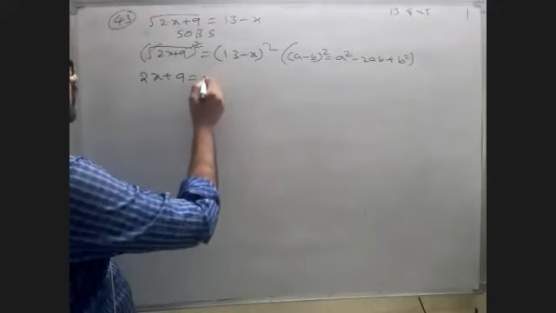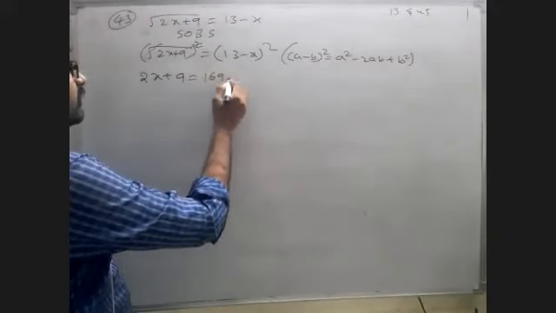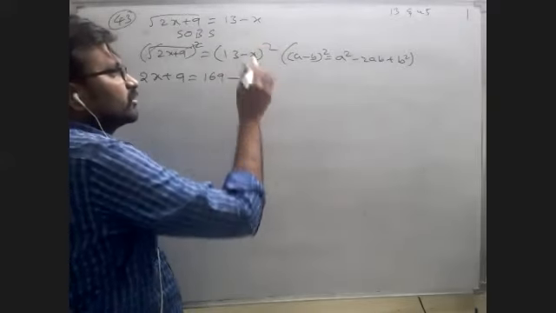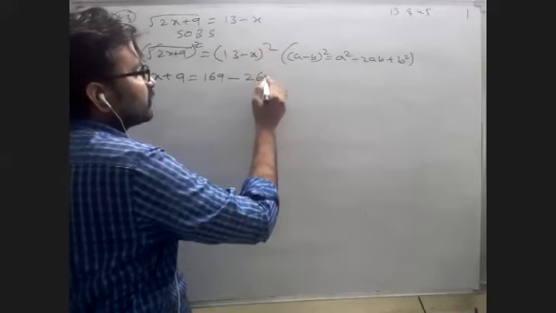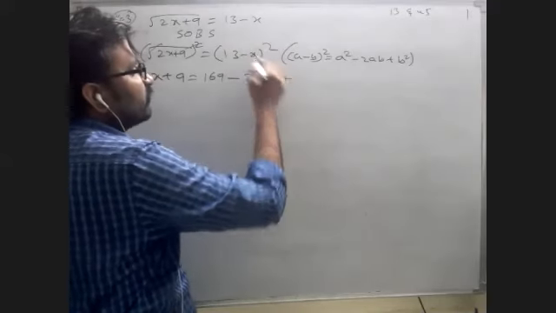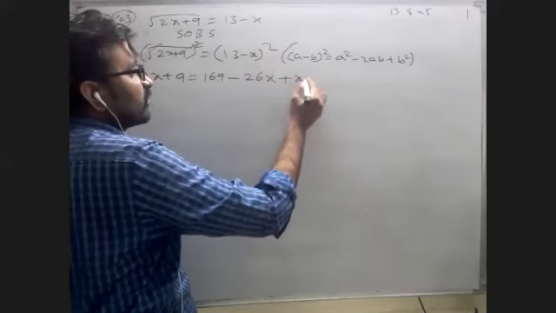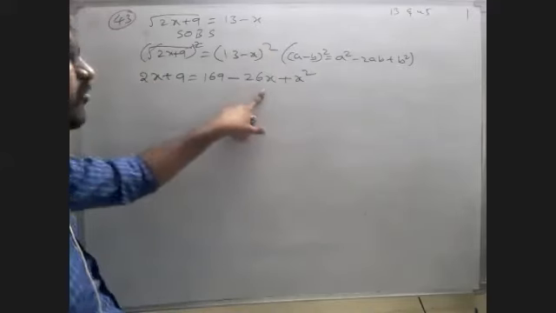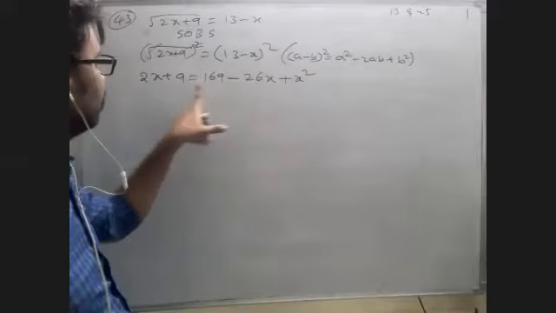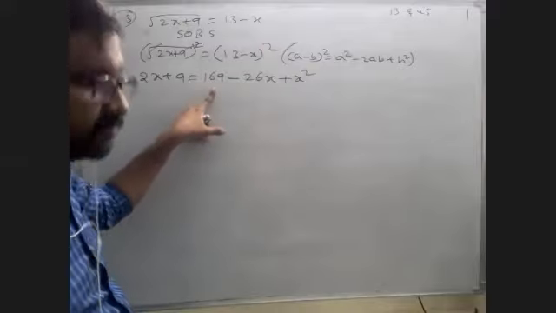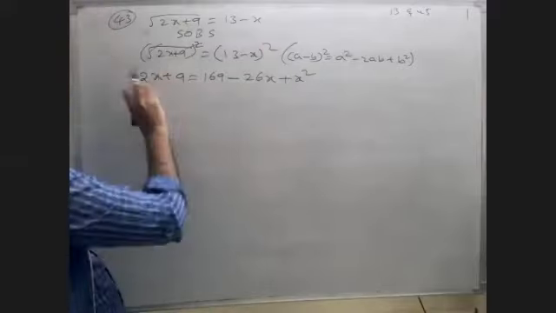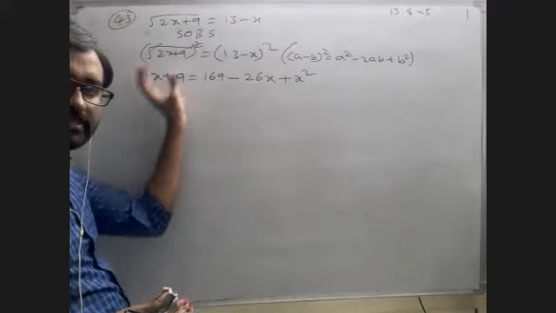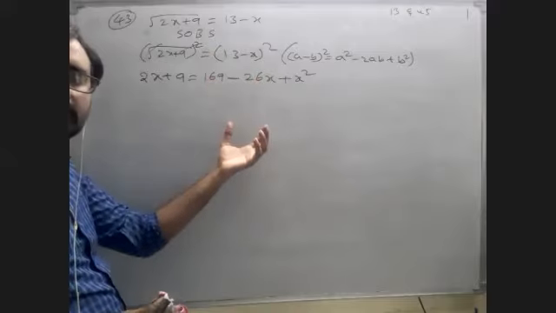So a square, 13 square, 169, minus 2ab, 2 into 13 into x, 26x, then plus b square means x square. Now x square terms 1 only, then x terms 2 we have to simplify. Constant also 2 terms we have to simplify. Now I am taking all these terms to that side. When we take these terms to that side, these 2 terms will not change.